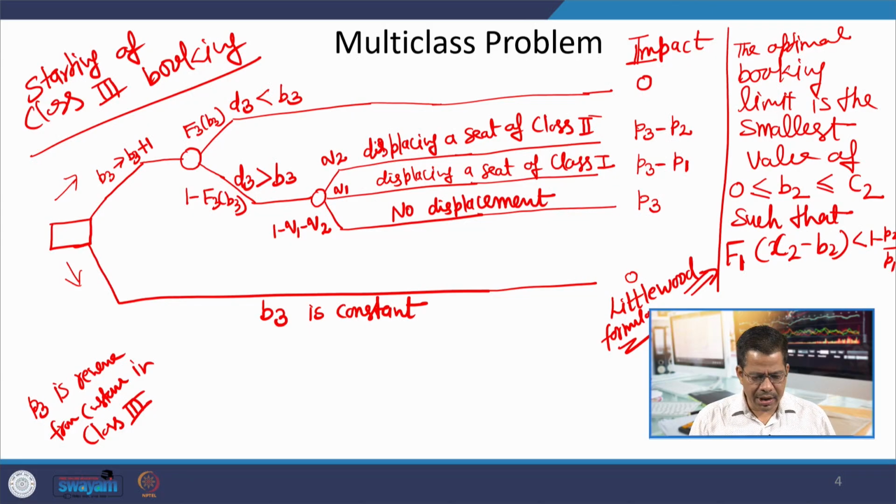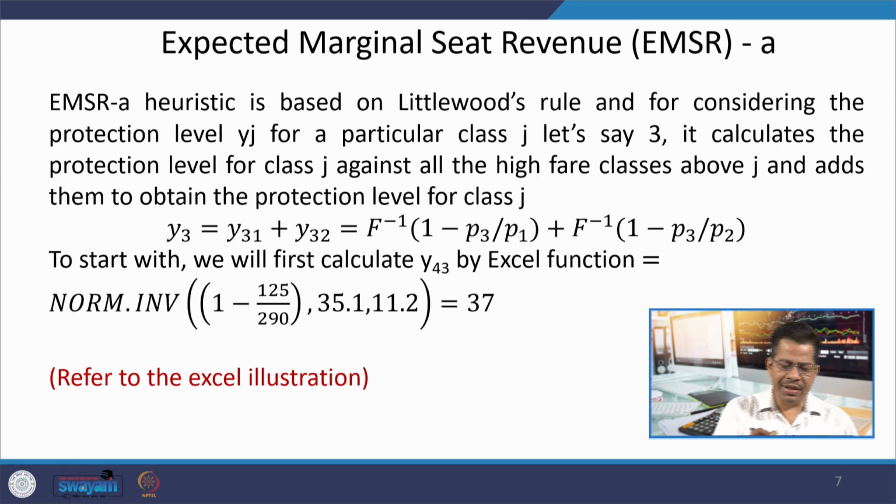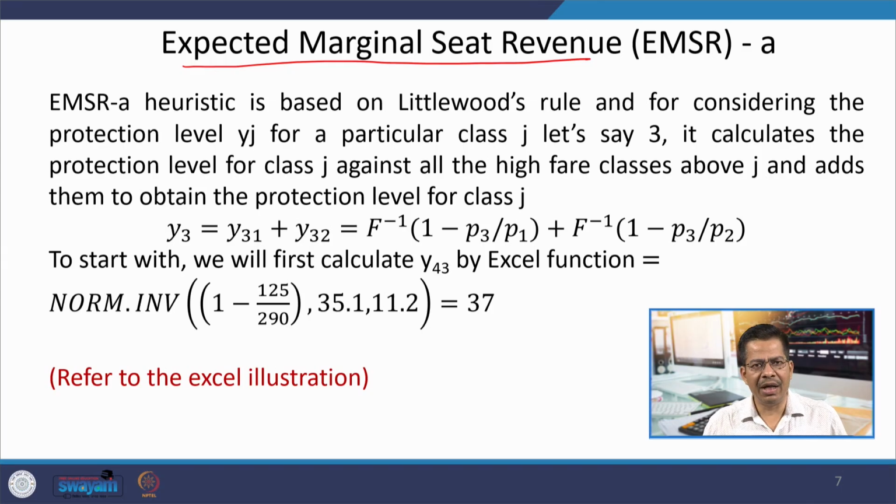So, there is an easier way of handling such multi-class problems in a sequential manner, and that is very easily done with the help of the expected marginal seat revenue systems. It is a kind of heuristic which will simplify our process of solving situations where Littlewood formula is to be applied for multi-class problems.